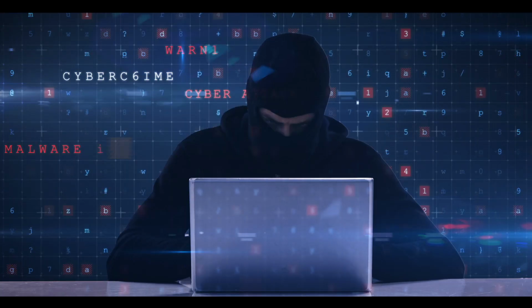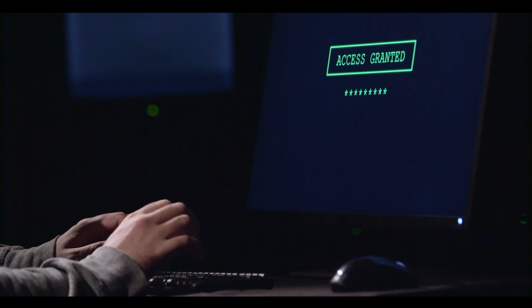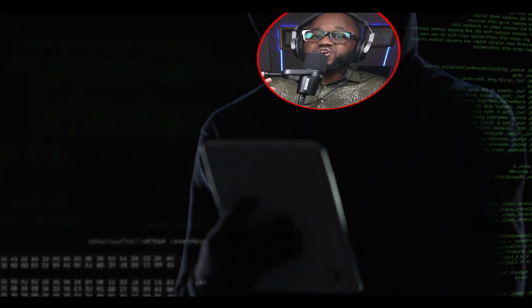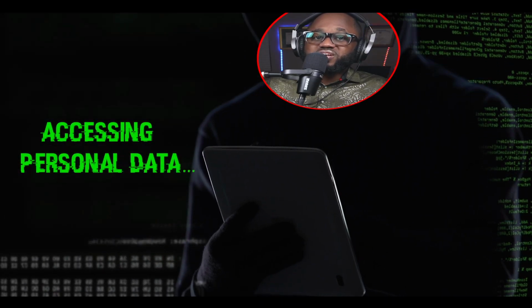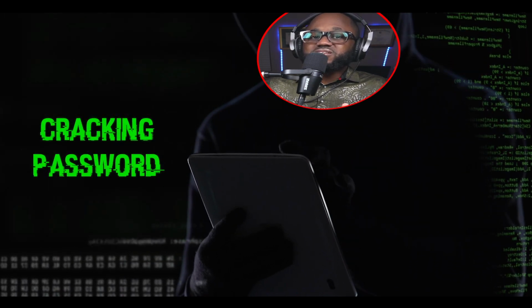Then we have the ZDI-23-1579, where the technique described requires an attacker to have prior access to email credentials. And then the ZDI-23-1580 says the technique described requires an attacker to have prior access to email credentials and no evidence was presented that it can be leveraged to access sensitive customer information.